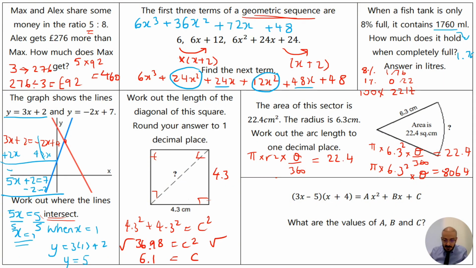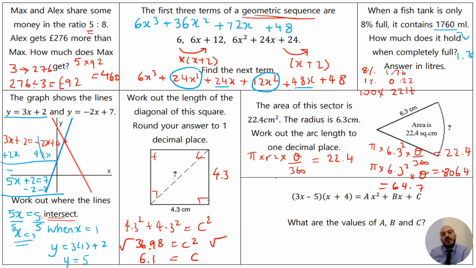I'm going to put that inside the bracket, and that should give me 64.67, which is, to one decimal place, 64.7. That is what my final answer is going to be.